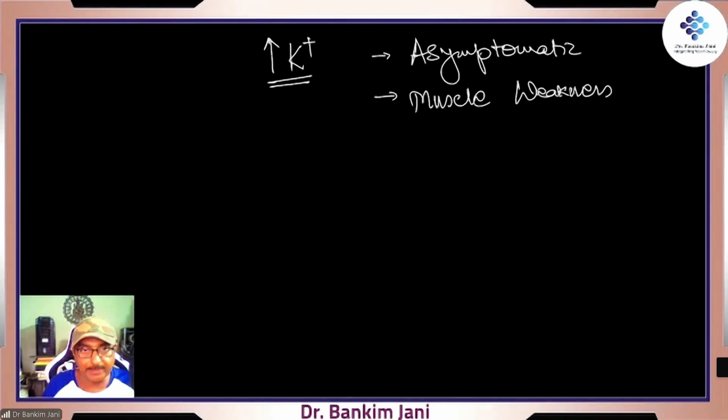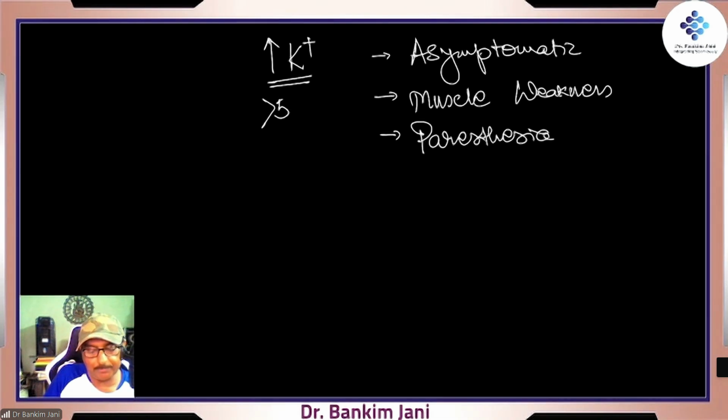When it comes to nerves, there can be paresthesia. The answer to all these things will come when we discuss action potential. I'm telling you in advance because the importance of potassium is so much. So when it is more than 5.5 milliequivalent per liter, these are the things which can occur.